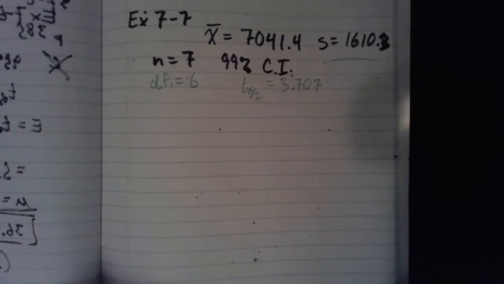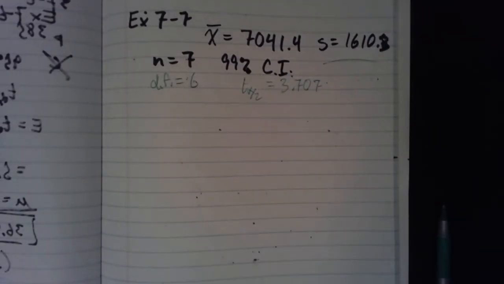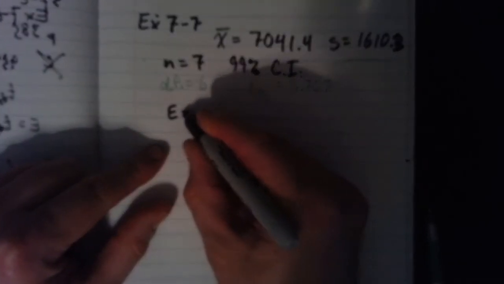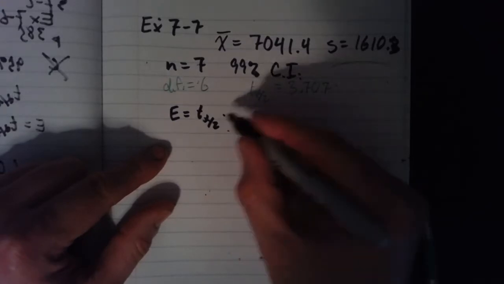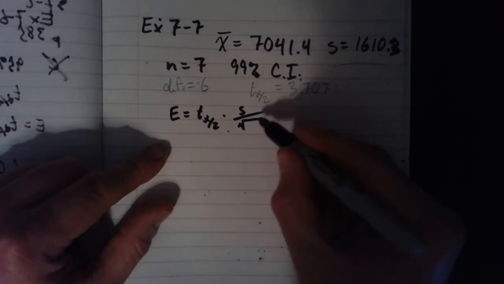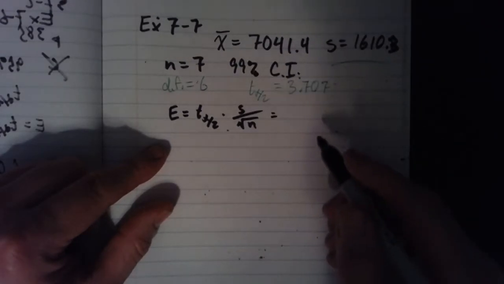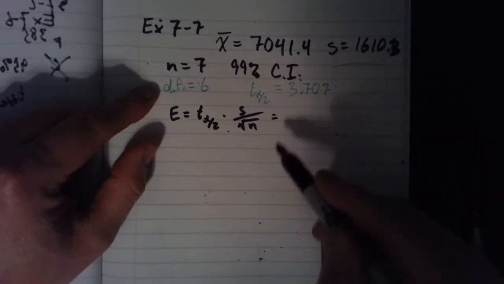Okay, right, so then what's next? Next, we'll get the good pen and we will construct a margin of error, which is t subscript alpha over 2 times, we don't have sigma, so it's going to be s, still divided by the square root of n. Okay, so plugging in, we have that for s.